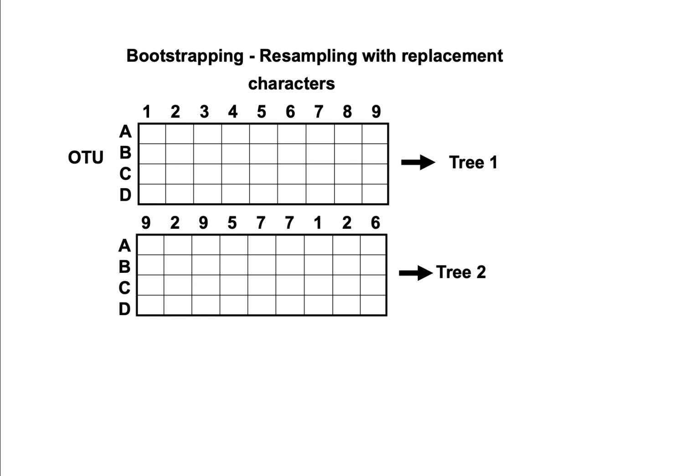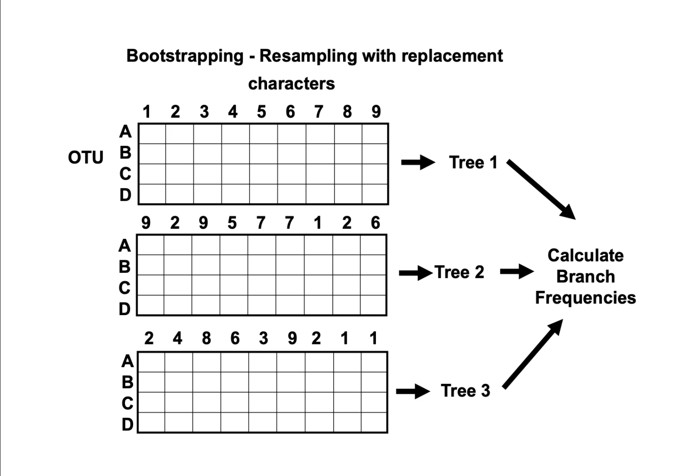And then more characters are chosen. Again, you can see 7 and 2 were chosen twice, again because of resampling with replacement. And now a tree is built from that matrix. And so now you have 2 trees, the original tree, tree 1, and now a second tree built from a resampling of the data. And then a third tree is made, starting a new matrix, again selecting characters at random.